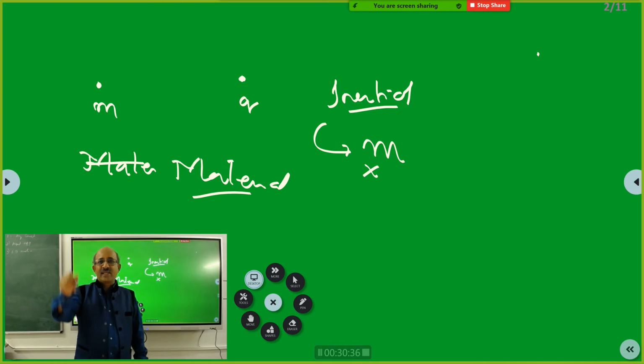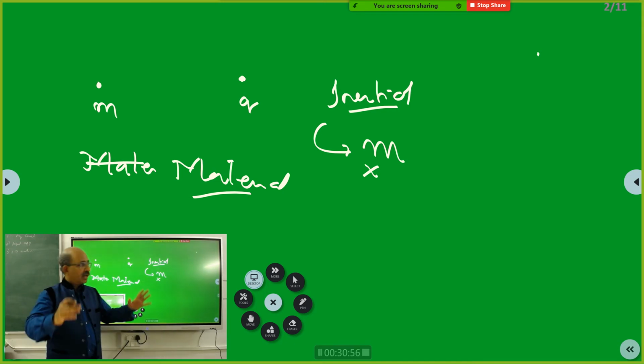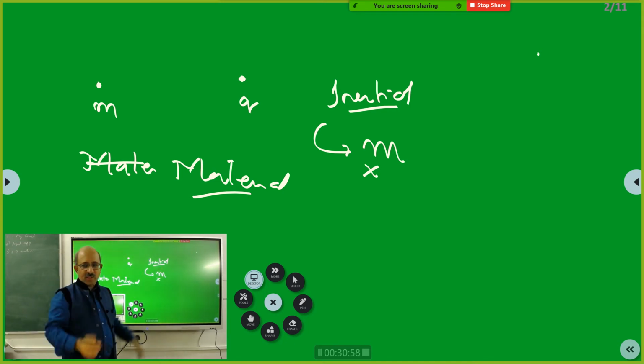If I say this body has inertia, that means this body has a property to oppose the change of motion. I repeat, if I say this body has inertia, then I only say it has the property to oppose the change of motion. For example, if there is a huge boulder, I apply force, it does not change the motion.